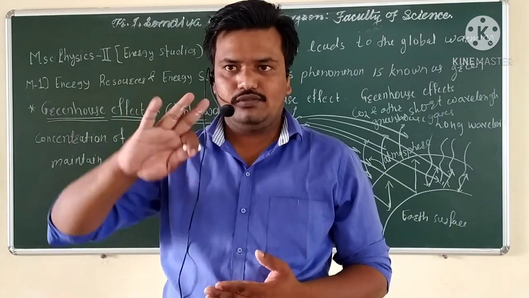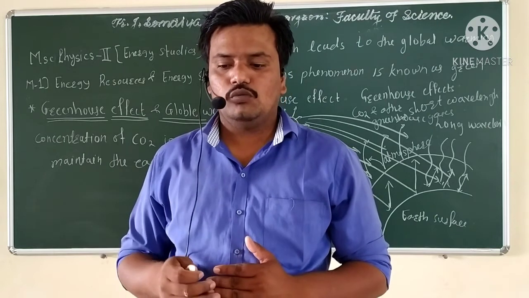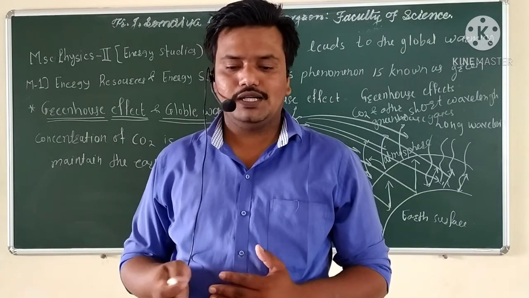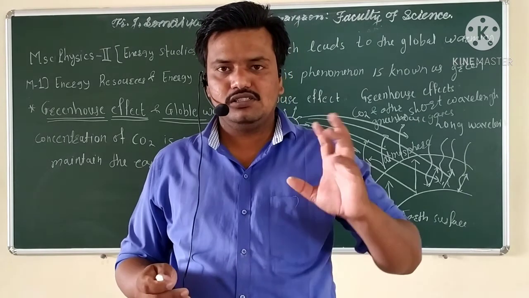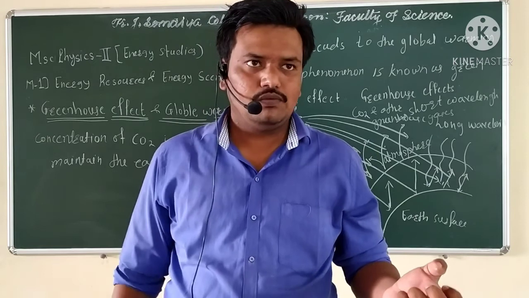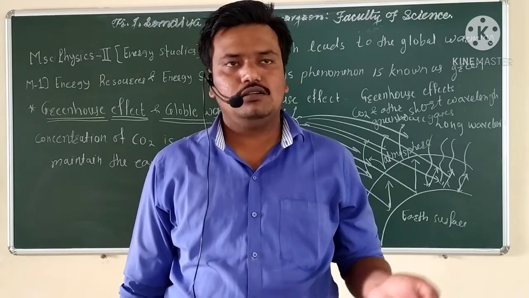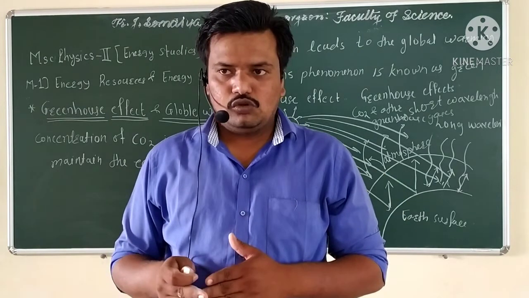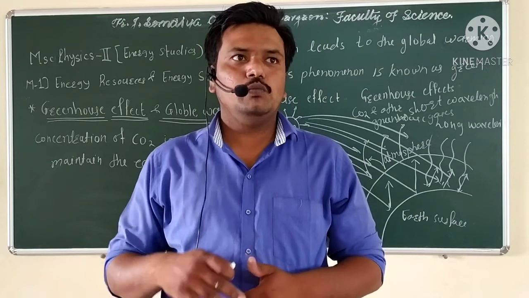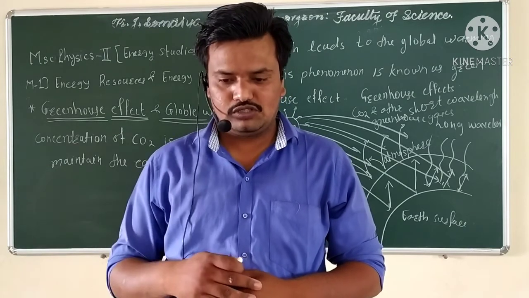If the concentration of CO2 further increases from the present level, it will upset the temperature balance, and there will be various types of consequences for the earth, the earth atmosphere and living things. Apart from CO2, many other greenhouse gases are present in this globe.